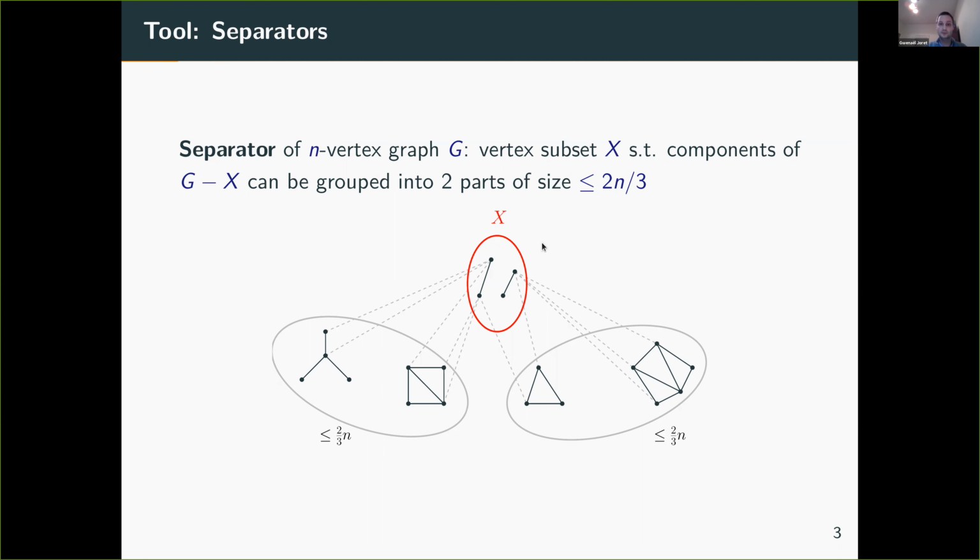So if you can do that, your set of vertices that you removed is called a separator. And of course, we would like to have small separators. If you have small separators, this will be really useful to build universal graphs.